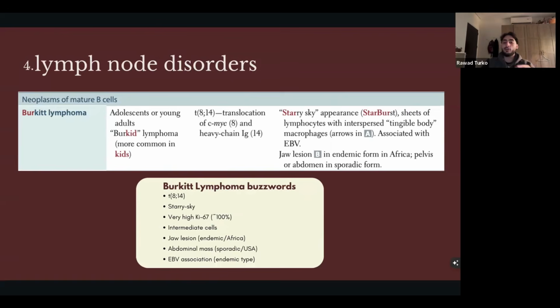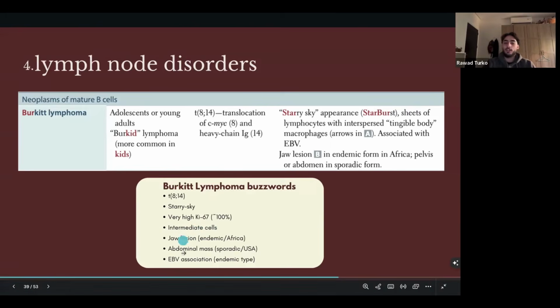And you know Burkitt's lymphoma because of the overexpression of this transcription factor. It's going to have a very high mitotic index, and they might say that, or they might say very high Ki-67. Both of those are buzzwords for Burkitt's lymphoma. Intermediate cells, so they're not like diffuse large B-cell lymphoma where they're large cells, or SLL where they're small cells. These are intermediate cells. Jaw lesion, abdominal mass, and EBV association.